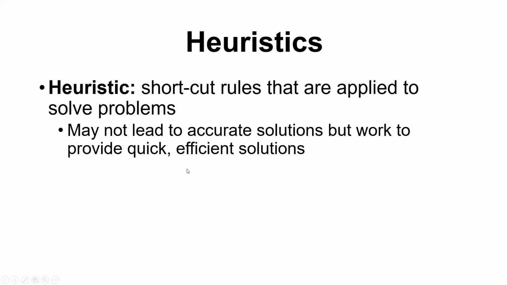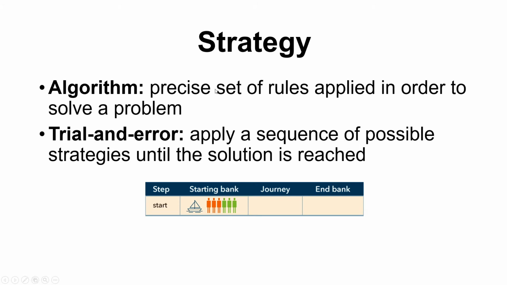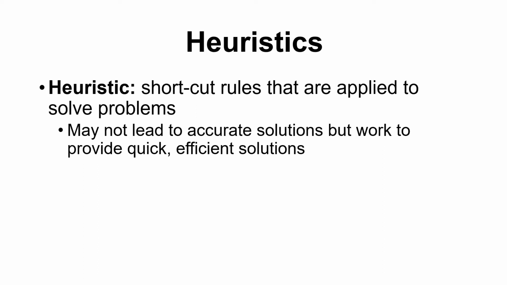Now, if algorithms are those precise sets of rules that we can apply in a particular order to try and solve a problem, then that would be closely related to the next concept, which are heuristics. And a heuristic is a shortcut rule that we can apply to try and solve problems. So heuristics can be beneficial because they allow us to find those shortcuts, a quick and dirty solution, if you will.